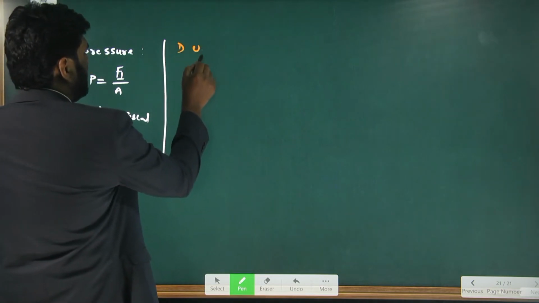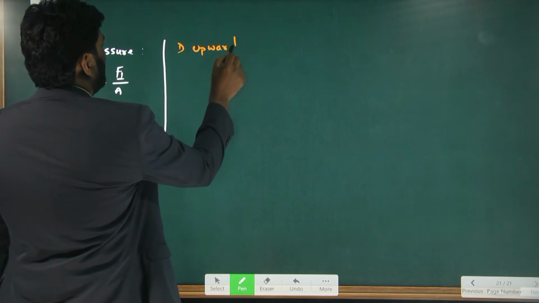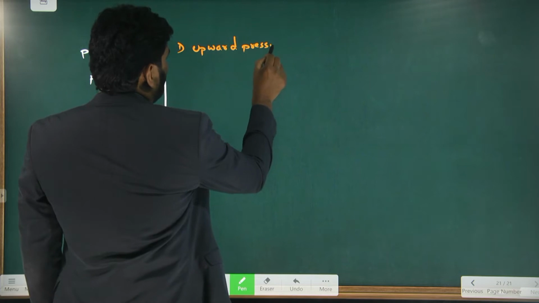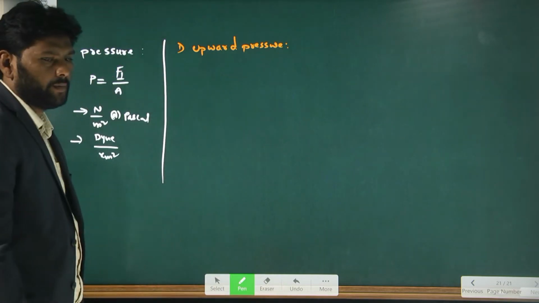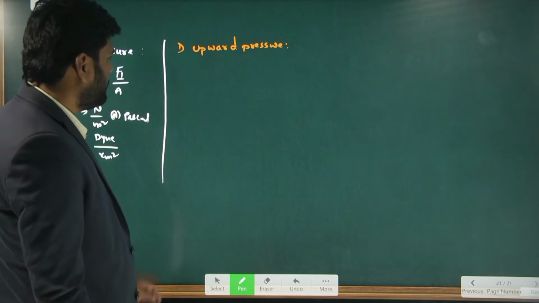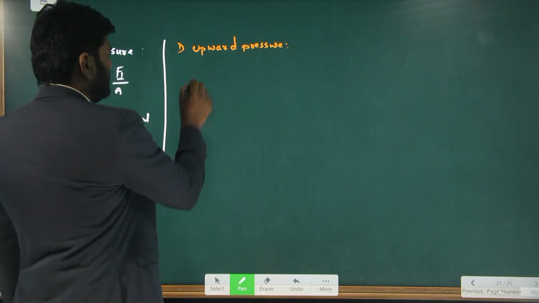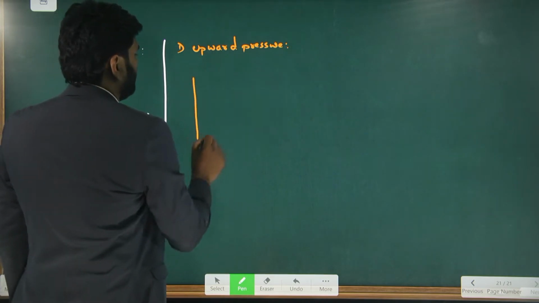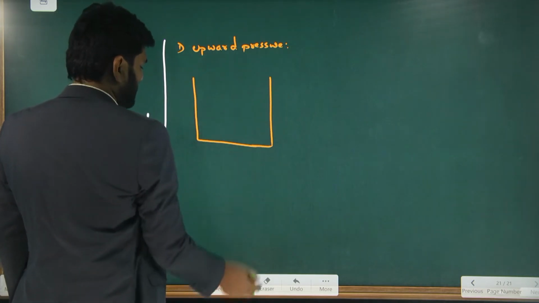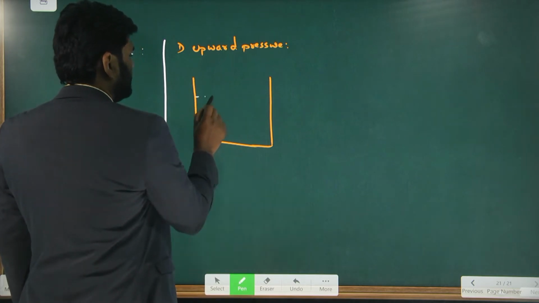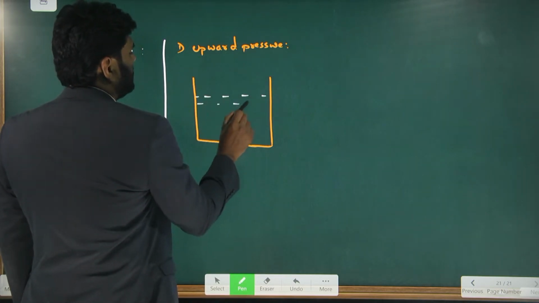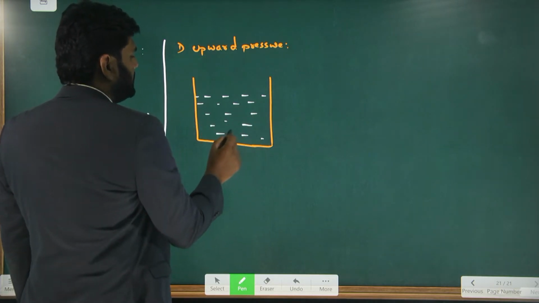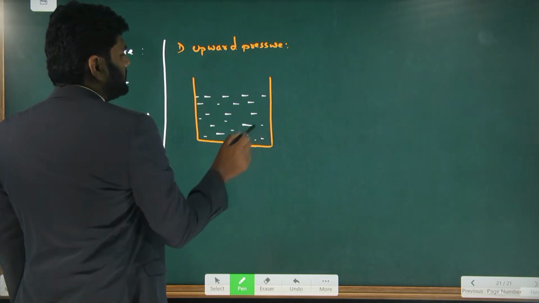Now, types of pressure. First one is upward pressure. How can we experience this upward pressure in our daily life? Let us assume we take a container. In this container you take a liquid.